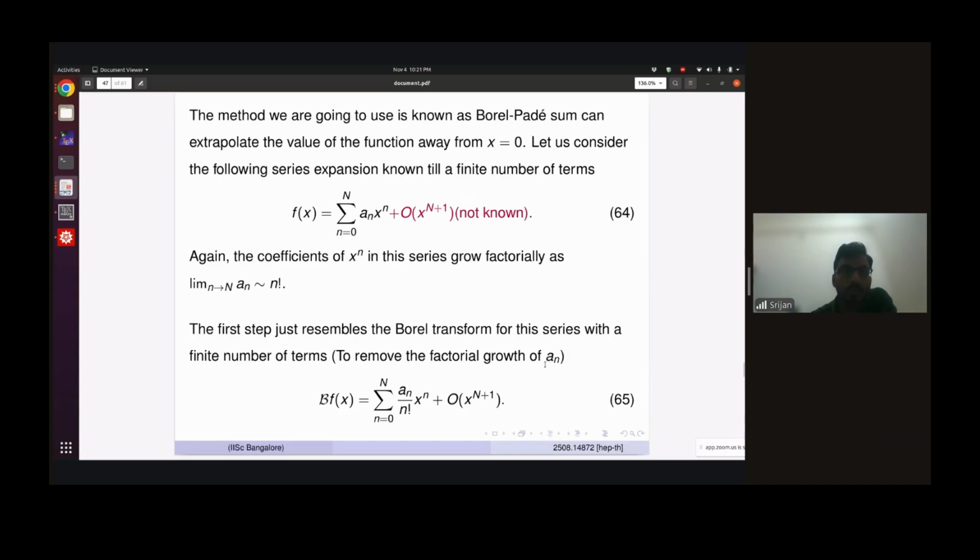Let us consider this example where f(x) is known only up to a finite number of terms. There are higher order terms whose coefficients we don't know, and that is out of our knowledge. The coefficients grow factorially with n, so again we remove this n factorial growth by dividing by n factorial, which is the Borel transform.